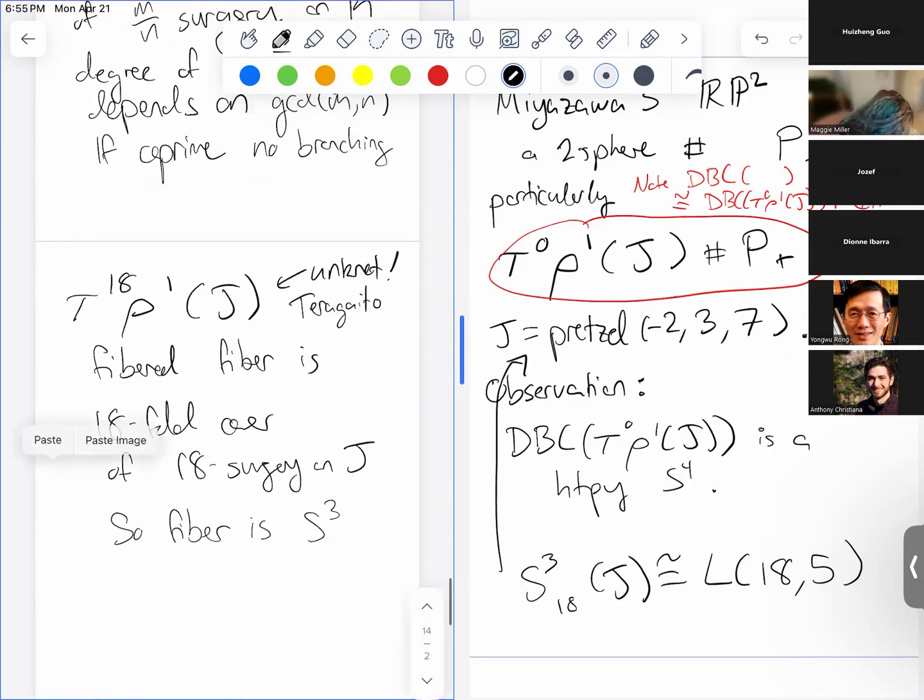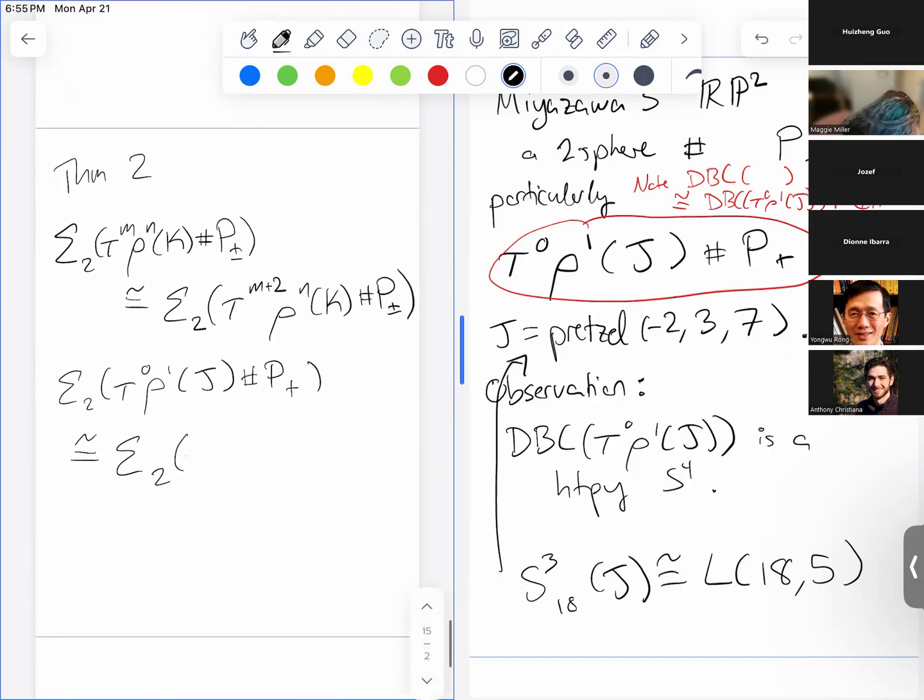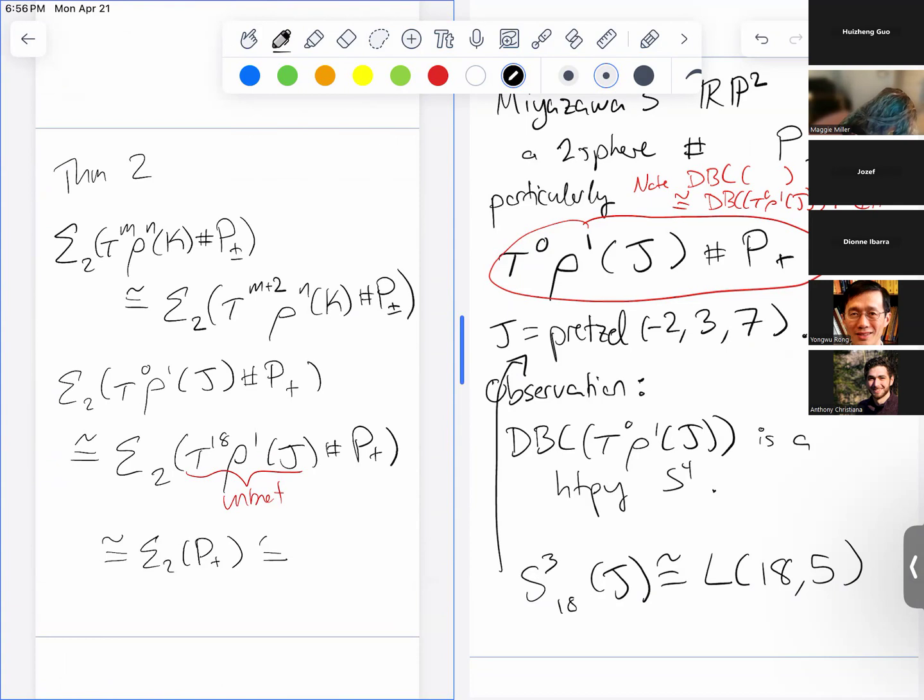So I could change this to the 18-twist, 1-roll spun of J, so that's tau 18, 1 roll of J, connected sum P plus. This is an unknotted sphere. Connected sum with it doesn't do anything. So I just get back to P plus. And that double branched cover is just standard CP2 bar. So the double branched cover of the RP2 that he considers really is the standard CP2 bar. It's the involution itself that's exotic.